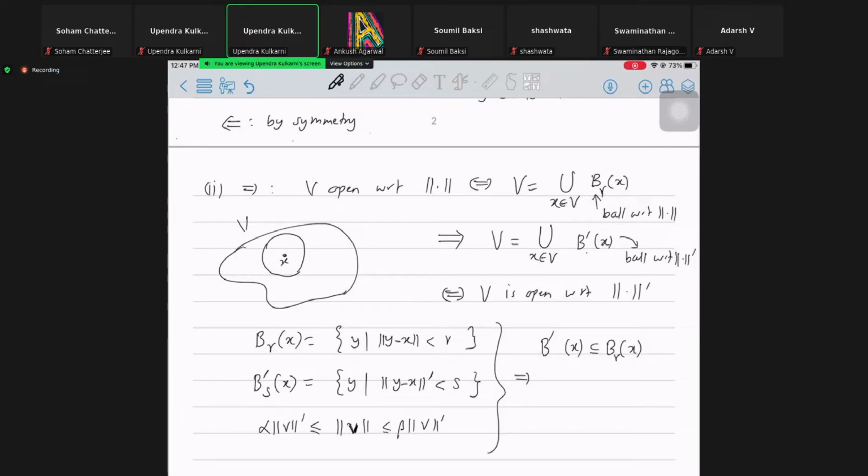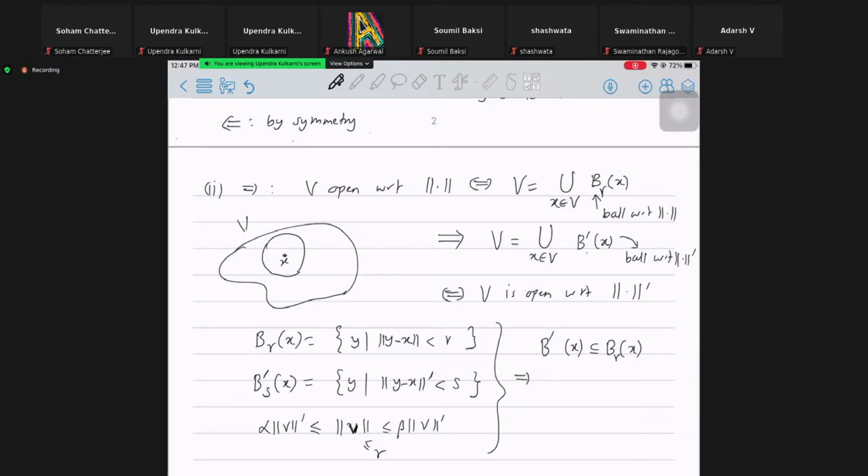If I know that the middle term is less than or equal to R, then alpha times the primed norm of v is less than R. But what does that tell me about the size of the ball? Should I put alpha R over here, the subscript of B prime, the radius that I have kept blank?